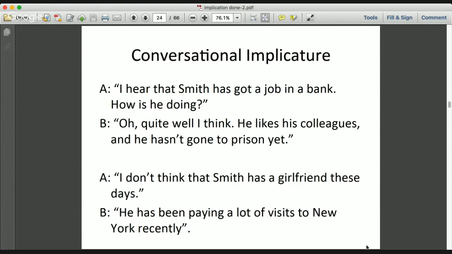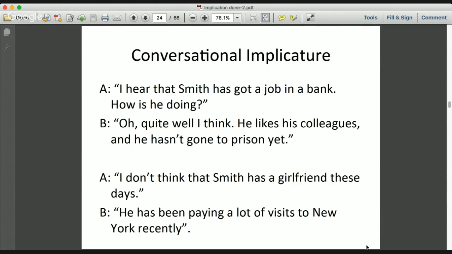So I suppose what these two examples show is that in ordinary conversation there are rules which we can go wrong with, by thinking that somebody is implying something when they're not, or by implying something without directly stating it.